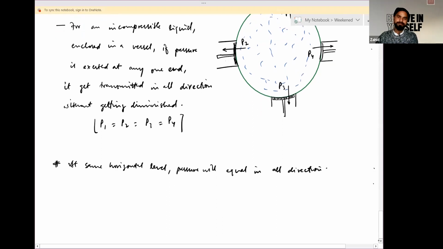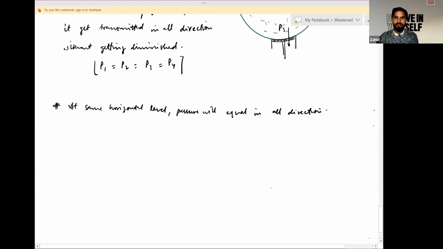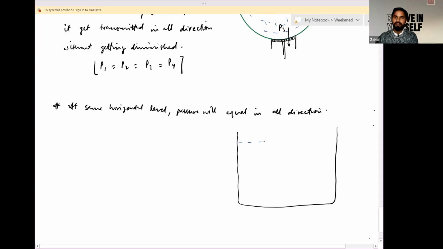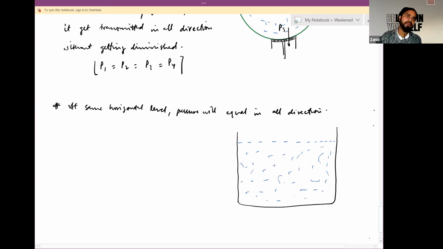Let me prove it. Suppose there is a flask or a container in which liquid is filled up to this point, like this.